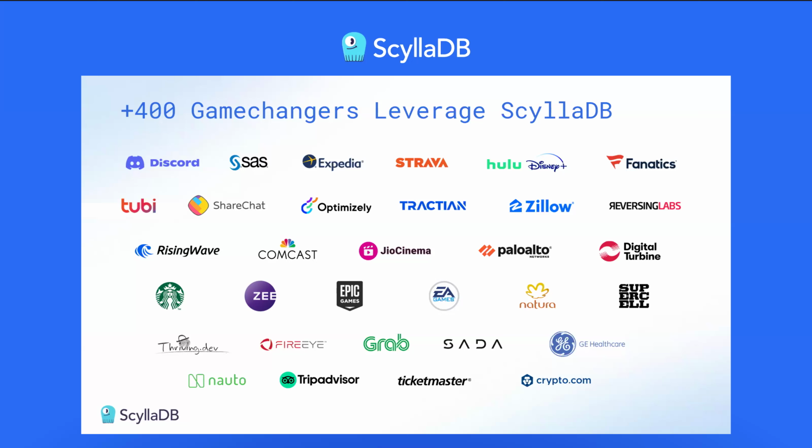But then we also have companies from other industries, like the streaming industry. We have Disney Plus. We also have some companies from the gaming industry, like Supercell or Epic Games. So a diverse set of companies who need a low latency database.